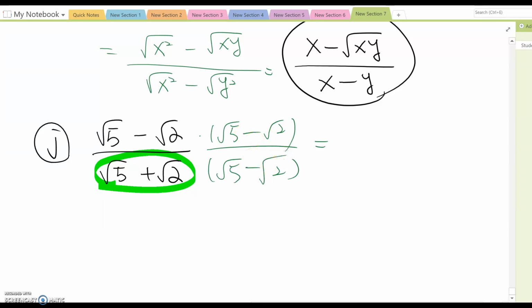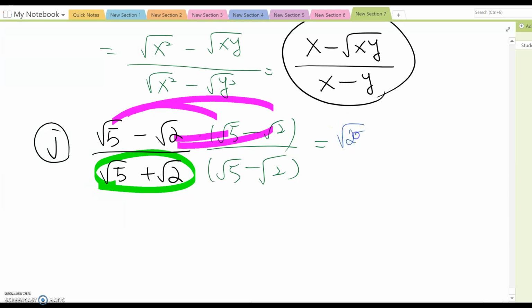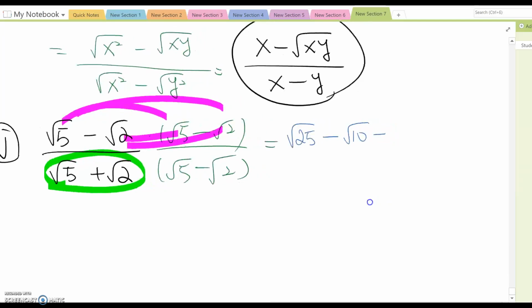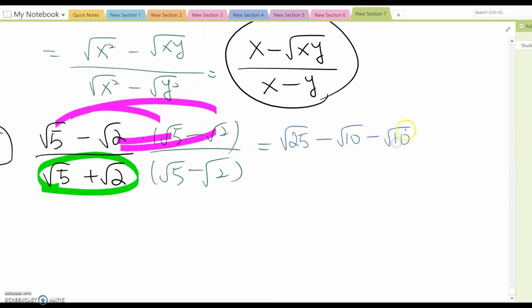Then now the top part you will fold them out, and for the bottom one we can apply the conjugate factoring formula. So this becomes root 25 minus root 10 minus root 10 plus root 4 over root 25 minus root 4.